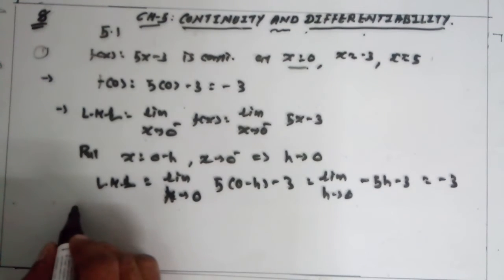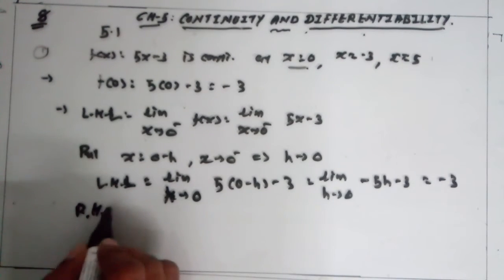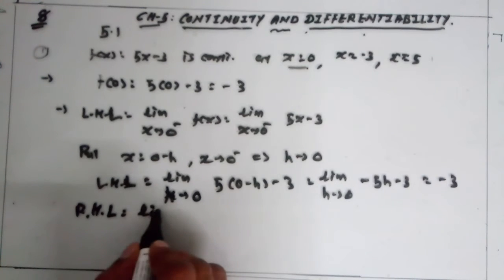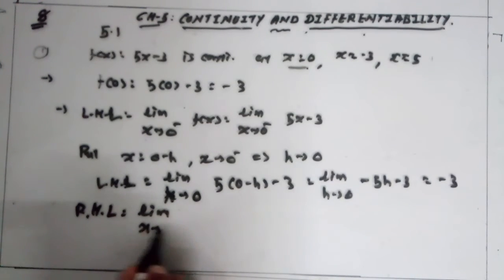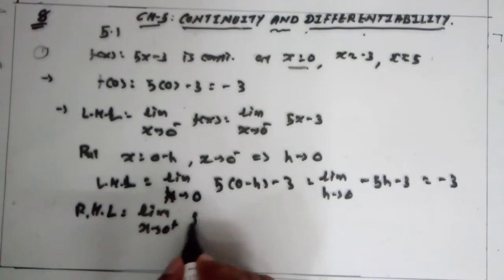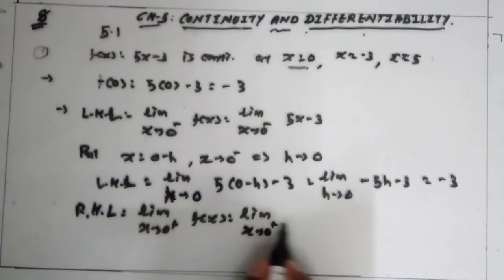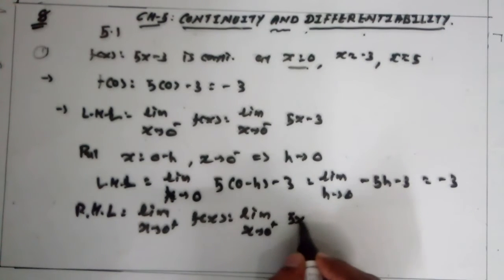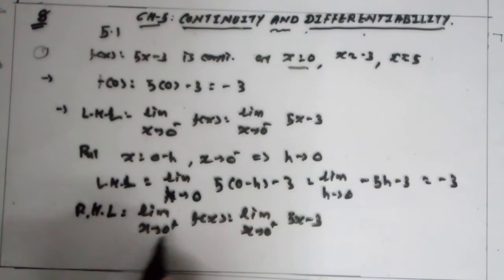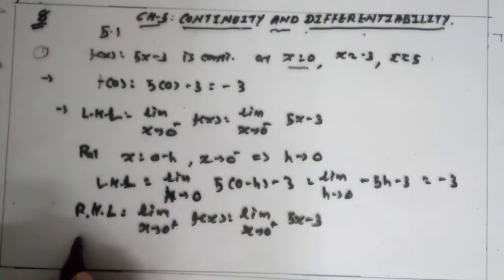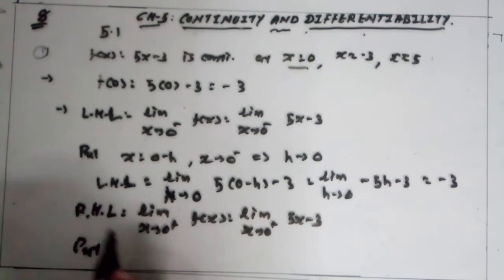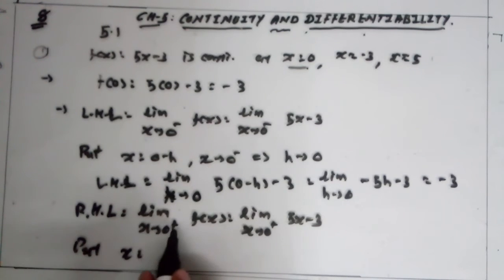Similarly, the right hand limit is equal to limit x tends to 0 positive f(x), which is limit x tends to 0 positive of 5x - 3. Here put x = 0 + h.